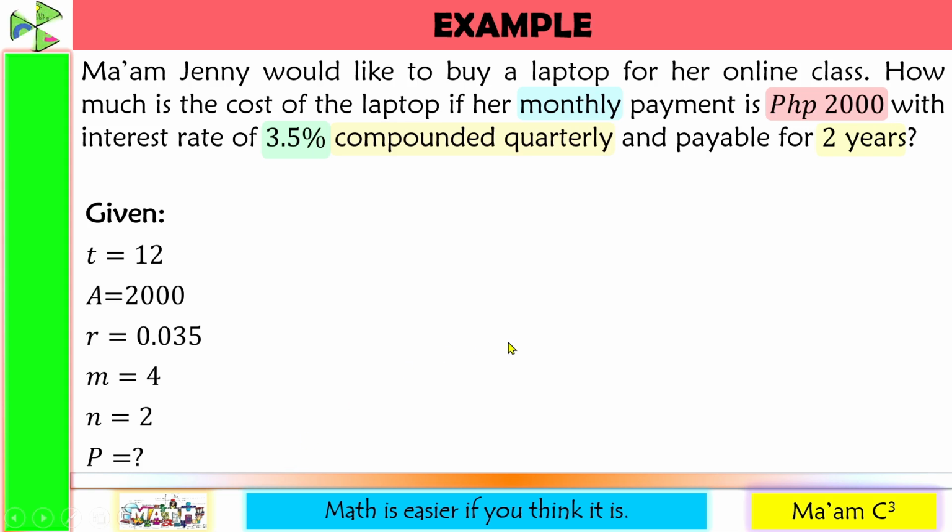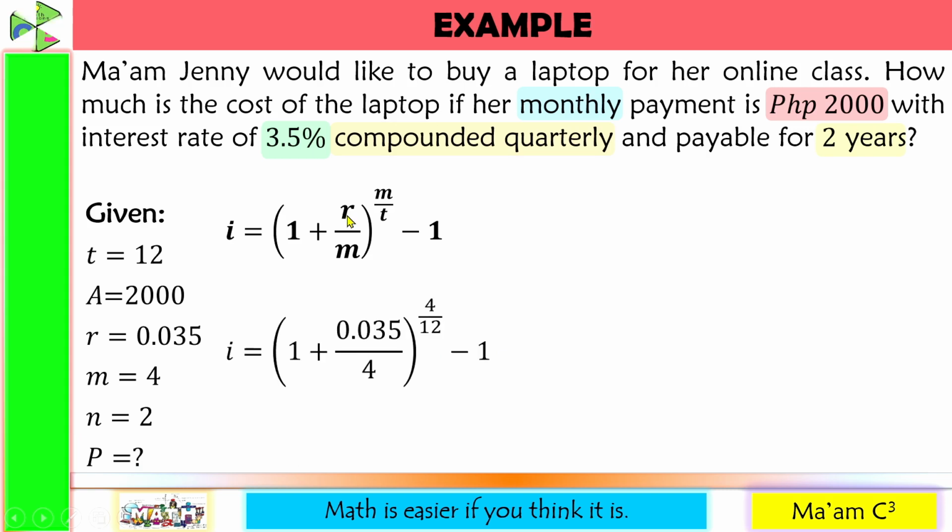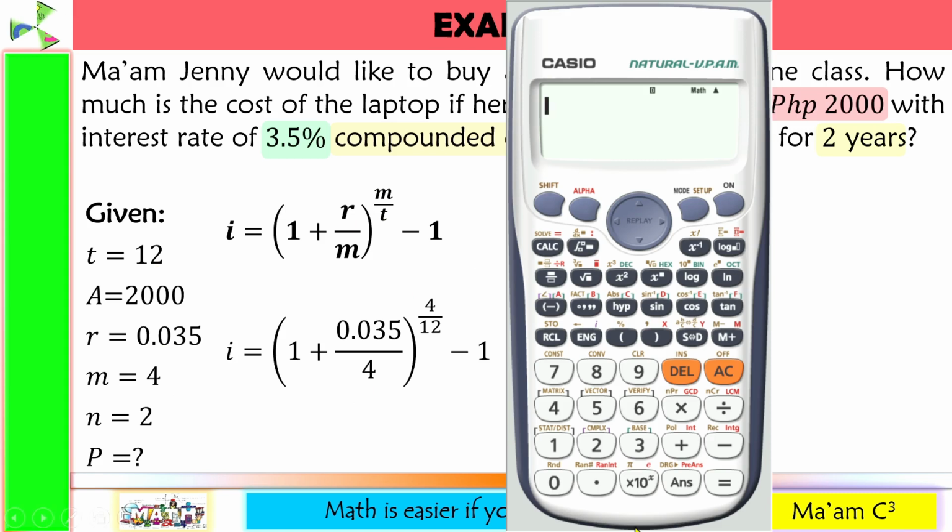To solve for I, let us recall the formula and let us substitute our values here. Our R is 0.035. Our M is equal to 4. M again is 4 and our T is equal to 12. Let us solve for the value of our I. We have open parenthesis 1 plus fraction bar 0.035. Cursor down.